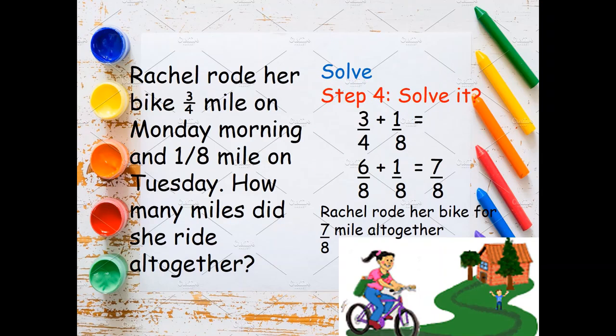The common denominator of 4 and 8 is 8. 8 divided by 8 equals 1, and 1 multiplied to the numerator, so 1 times 1 equals 1. 8 divided by 4 equals 2, then multiply it to the numerator, so 2 times 3 equals 6. Now we can add the fractions. 6/8 plus 1/8 equals 7/8. So the answer is Raisha rode her bike for 7/8 mile altogether.